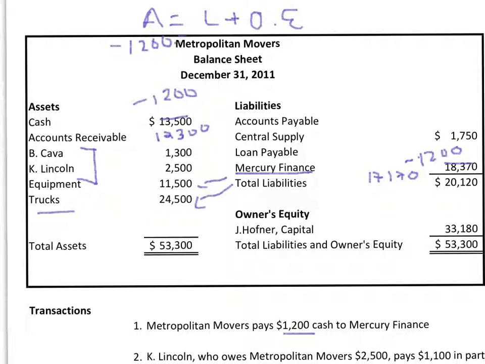If we subtract $1,200 from both sides of an equation, are we still balanced? The number is different. Yeah, I understand how it stays balanced, but the numbers will change.